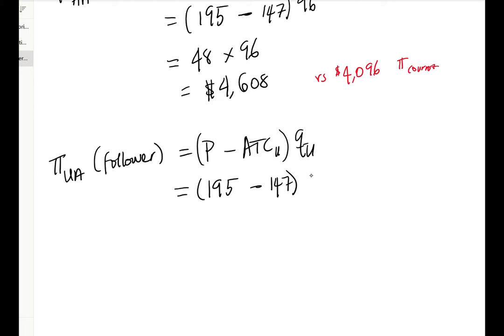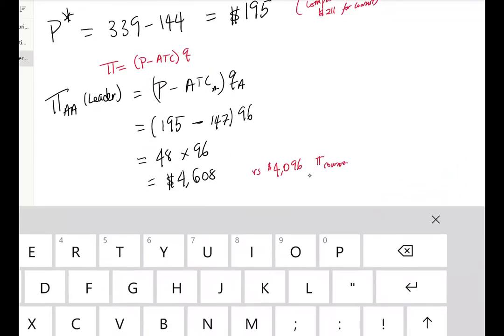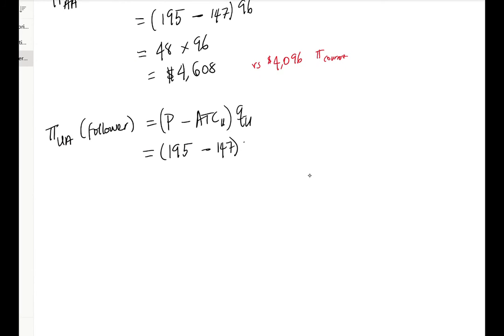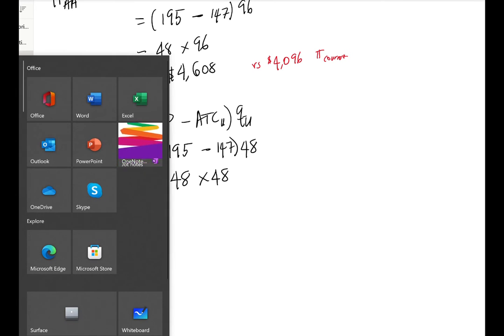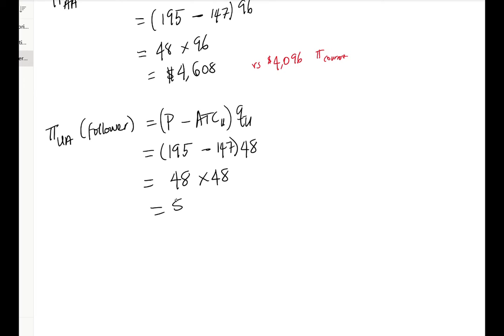The quantity for United is 48, so this is 195 minus 147, which we already know is 48, times 48, which is $2,304.